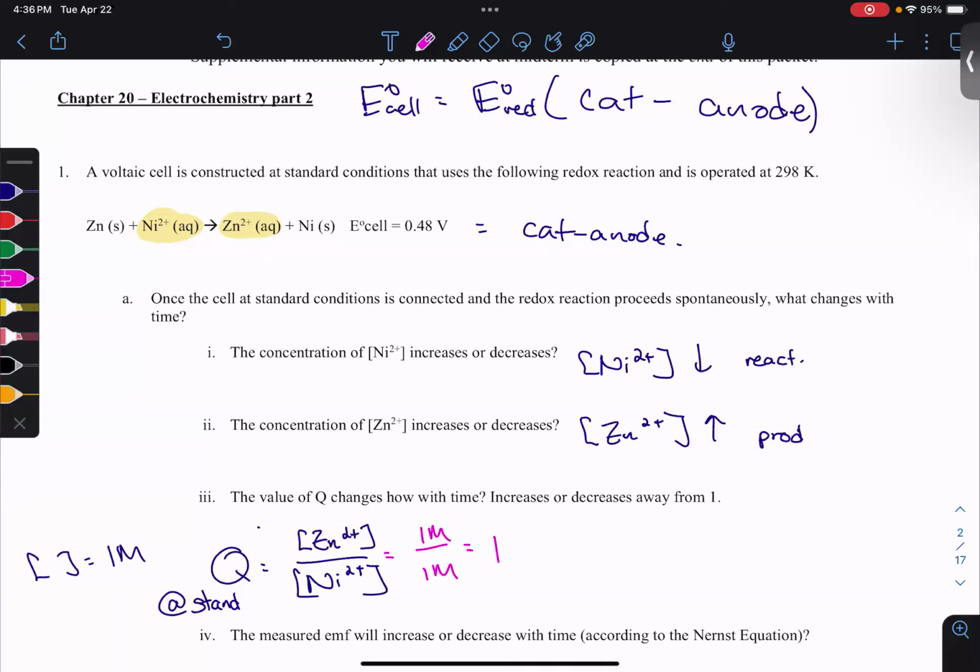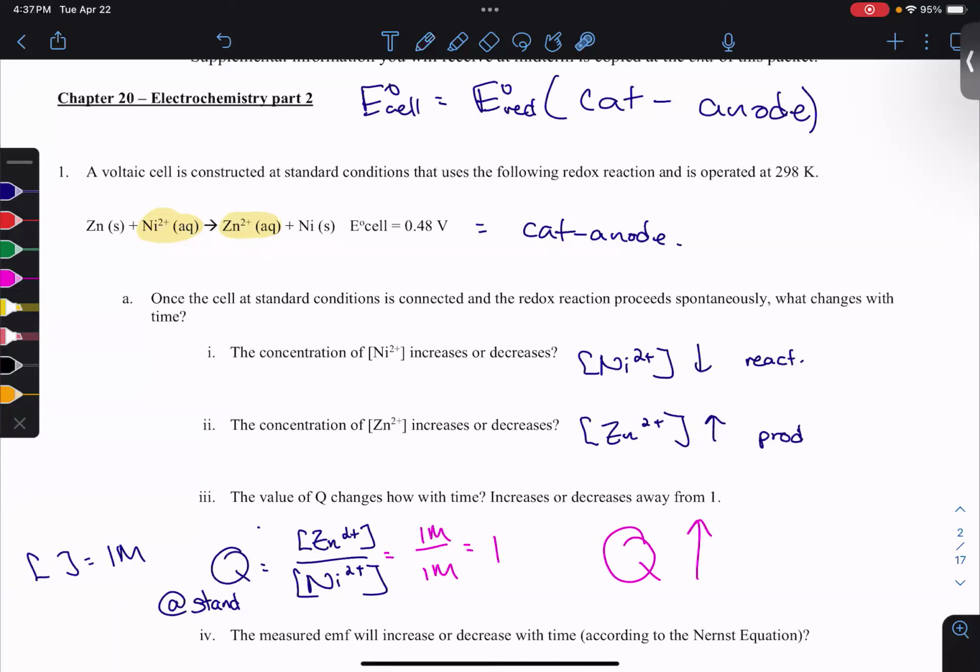But you just told me as this reaction moves forward, concentrations change. So is our value of Q going to remain 1? Nope, it's going to change. With our answers from parts 1 and 2, how does the value of Q change? It's going to increase.